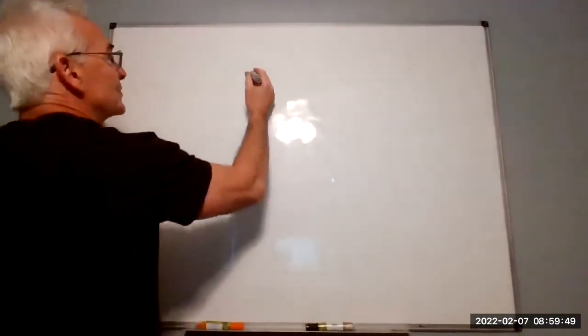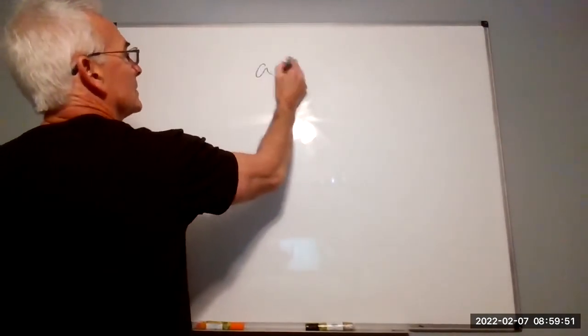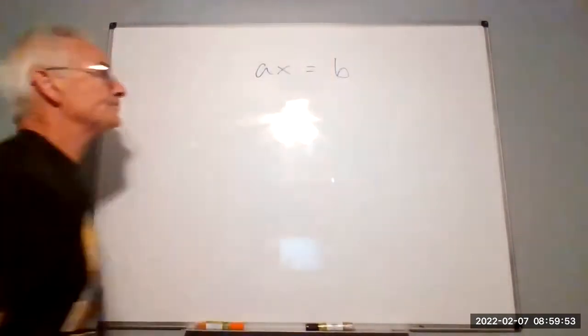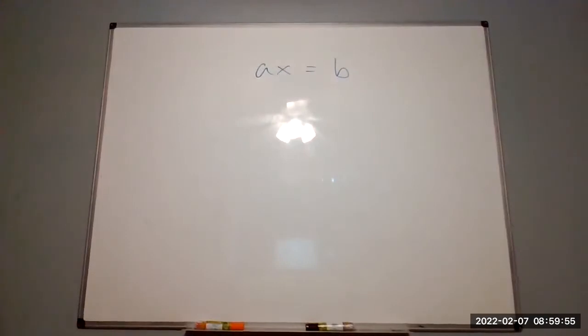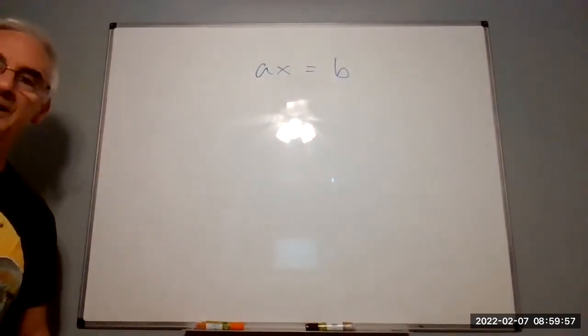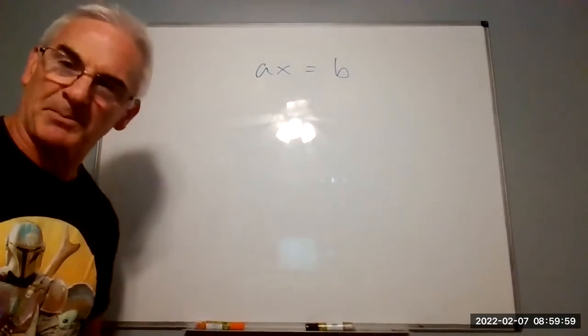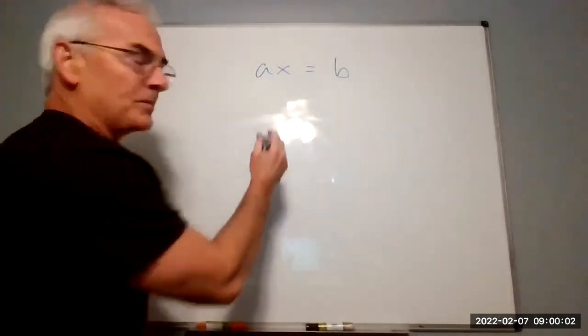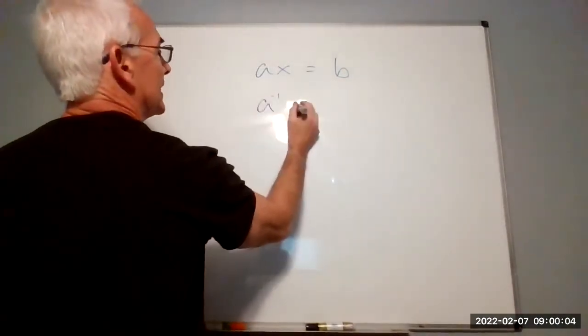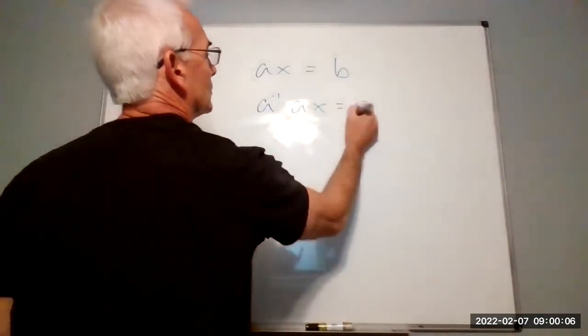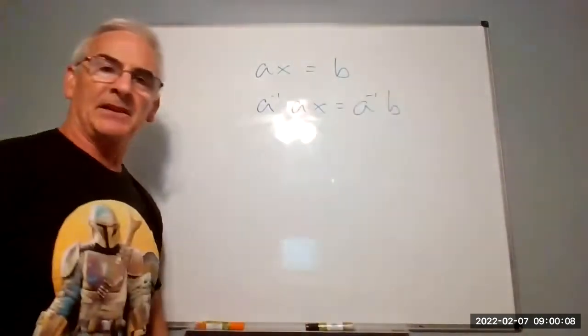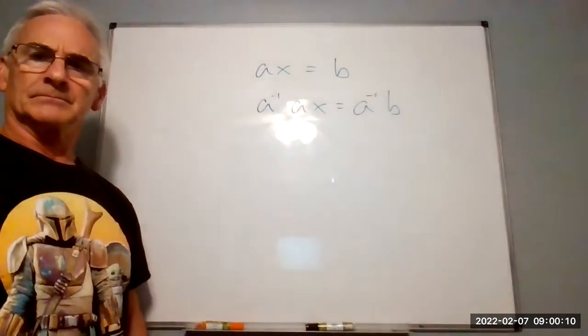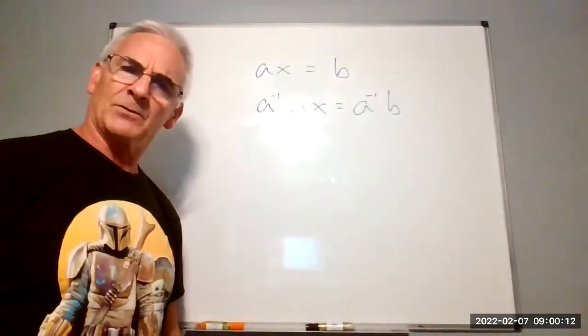Would the following statement, I'm going to write it like this. If this was real number multiplication, we'd say multiply both sides by the reciprocal. Is this a legal move if I wrote it? A to the negative first, AX equals A to the negative first, B. Would that be legal? If I wrote it like that, is that legal, everyone?